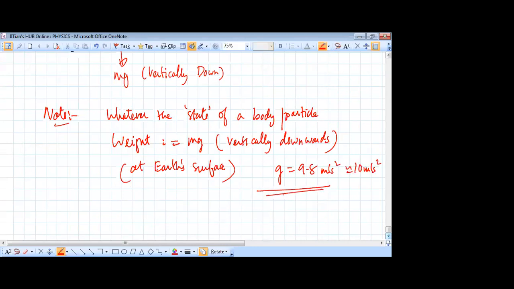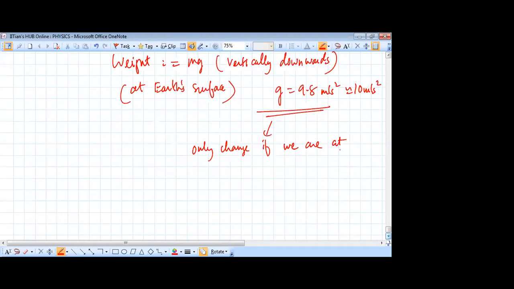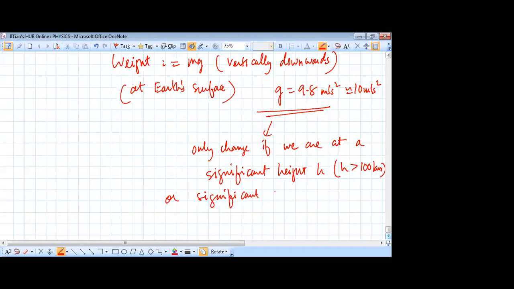So this fact here, the value of g, it will only change if we are at a significant height h, where h is order of magnitude should be greater than 100 kilometers and more, or significant depth, again, where d's order of magnitude should be greater than hundreds of kilometers from the Earth's surface.